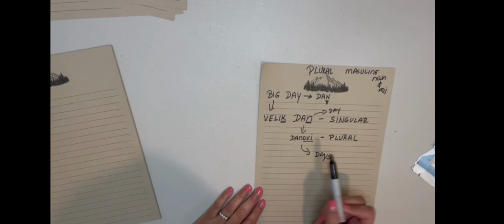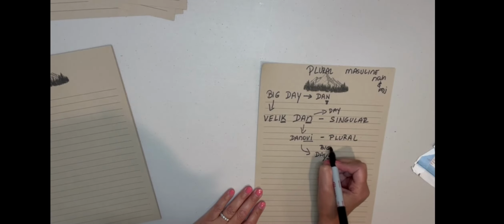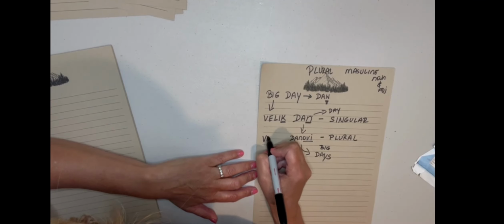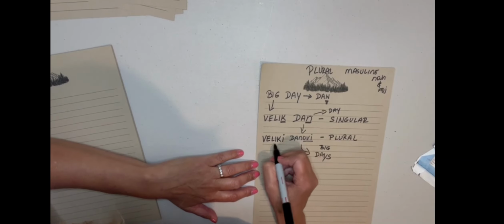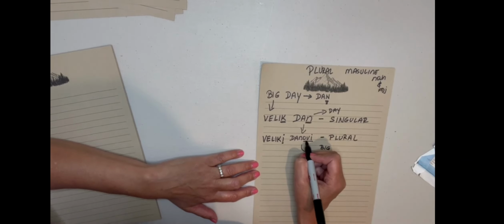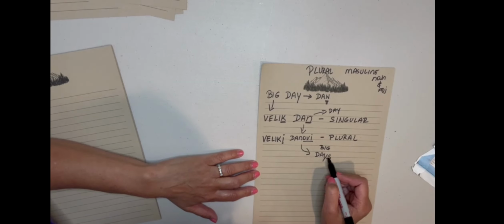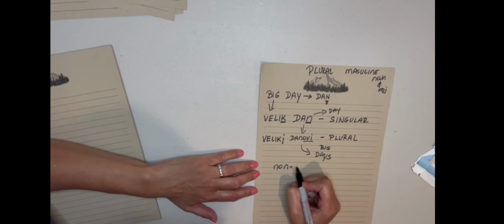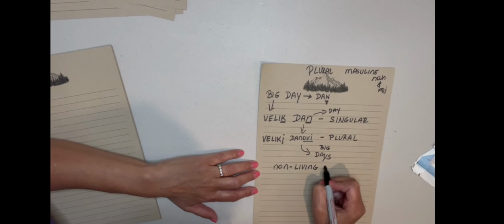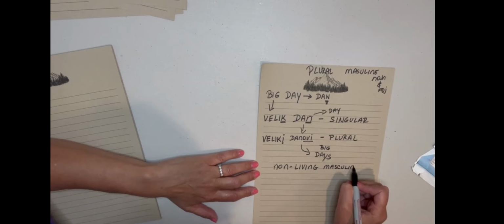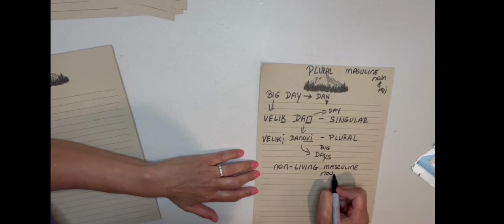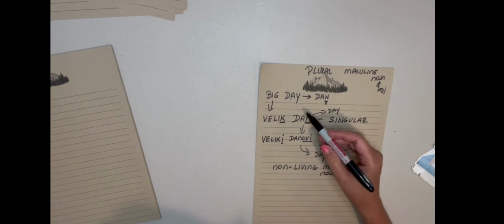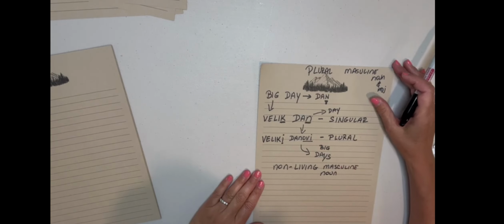So if I want to say big days in Belgrade, then I'm going to add an I to this adjective. Veliki danovi. This is big days. And this is again for a non-living masculine noun. Okay. It's a little bit different for a living masculine noun, but I just kind of wanted to show you an example of the non-living masculine noun.